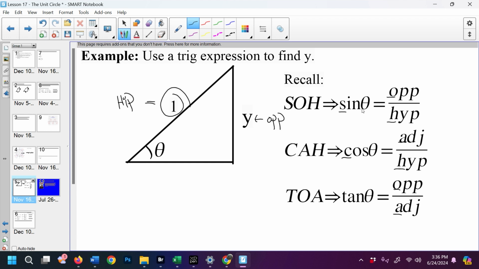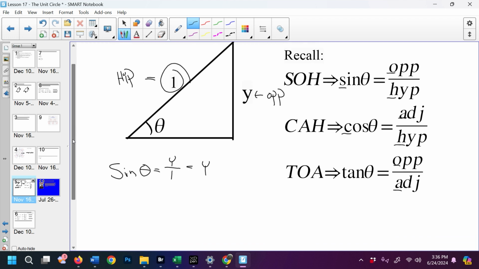And so if I set it up, sine of theta equals opposite over hypotenuse, the sine of theta is equal to y over 1. Now, y divided by 1 is just y. So when you're using the unit circle, and again, this is why you are memorizing it, if I know what theta is, I go to that angle measure on the unit circle, and the y value is the result of that trig function.